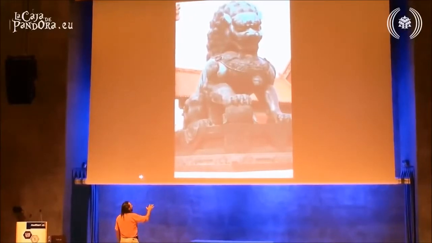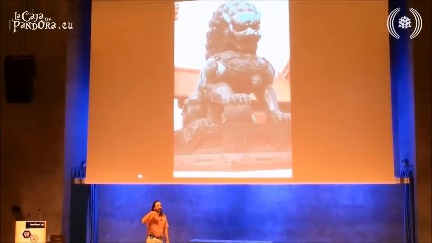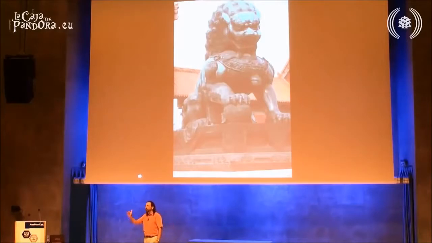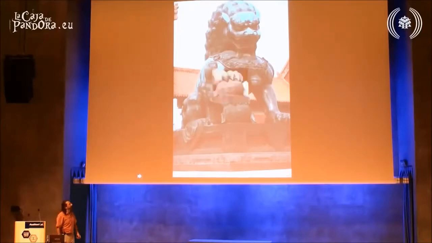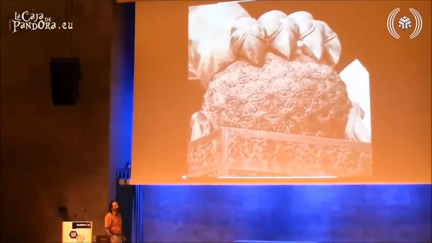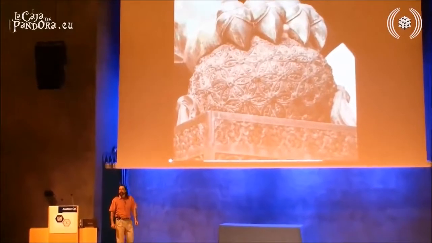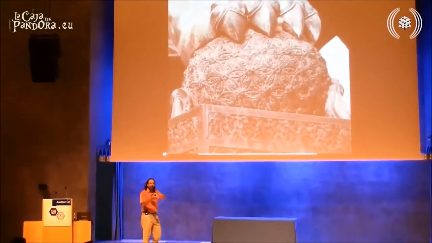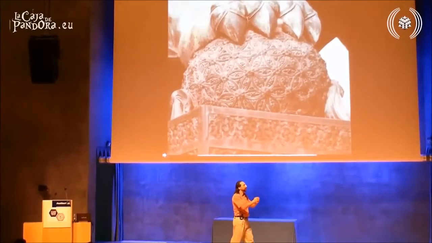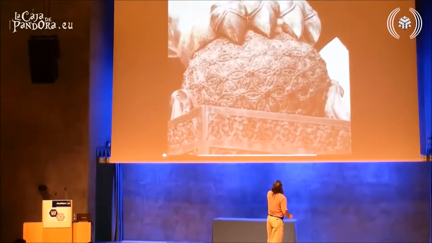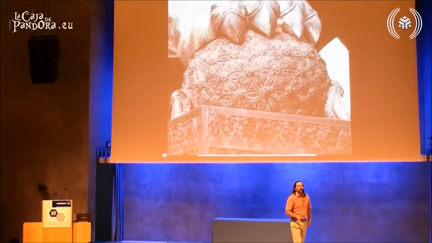And the foo dog guards, just like the tradition of the Sphinx, the knowledge under its paw. It guards the knowledge. And what do you find under the paw? Again, the geometry of the vacuum, this intersection of the tetrahedron array. The guardian of the knowledge.